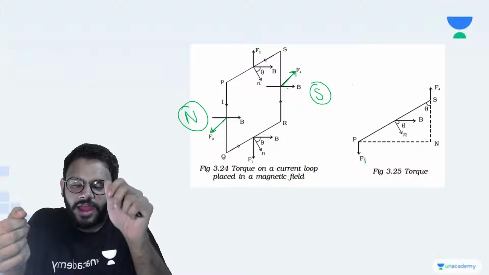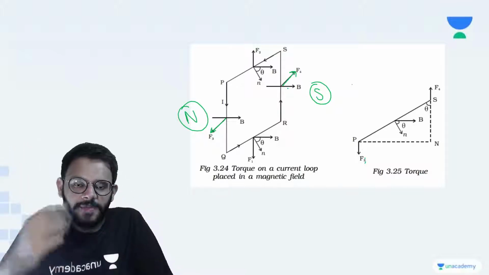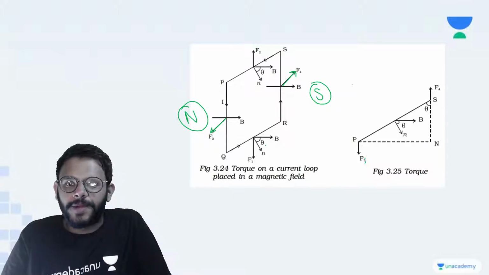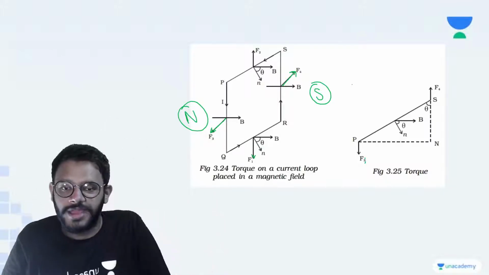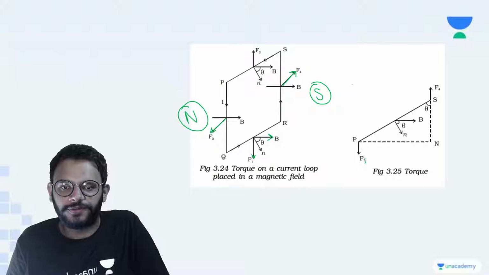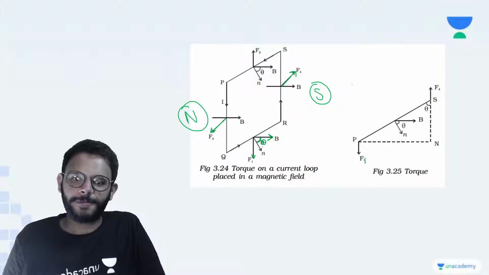And if it's acting like this, then the wire is going to rotate again, and the angle which my forces, which are always downwards or upwards, is making with my magnetic field is given by theta.